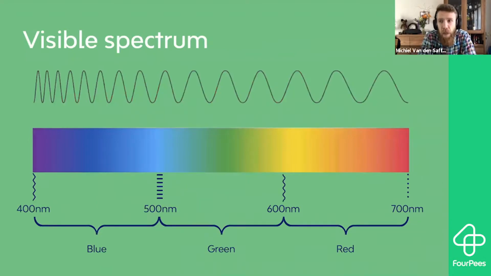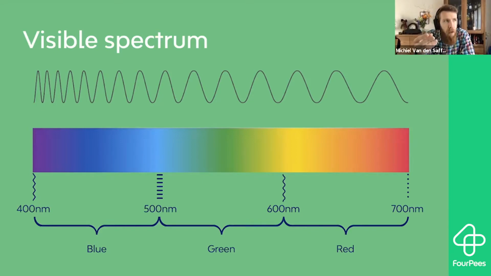So the visible spectrum, we have 400 to 500, which we will consider blue, 500 to 600, which we will consider green, and 600 to 700, which we consider red. Again, obviously, that's not the case. If we look at the area right next to 500, it's still kind of blue there. The reason we define these areas is, again, to make it simpler to understand what you're looking at.